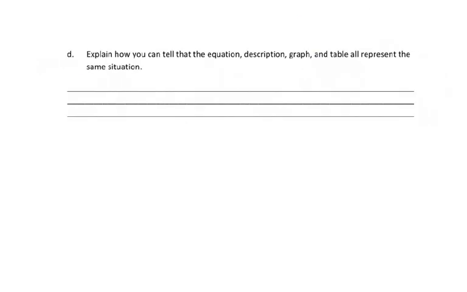Let's look at our last one, which is D. Explain how you can tell that the equation, description, graph, and table all represent the same situation. We had a really similar question in the last part of the investigation. And just remember, we use the same numbers. We just showed them in a different way.